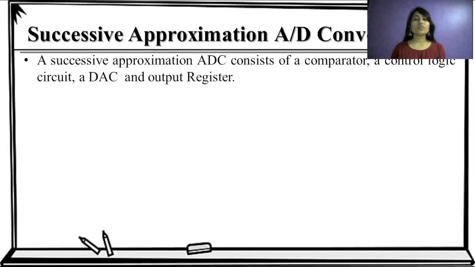It can be designed using a comparator, a control logic circuit, a digital to analog converter and an output register. Basically, a register is a group of flip-flops used to store bits, which we discussed in an earlier session.